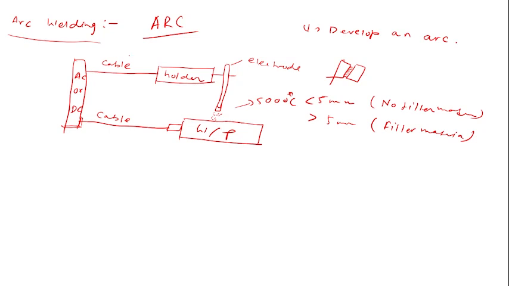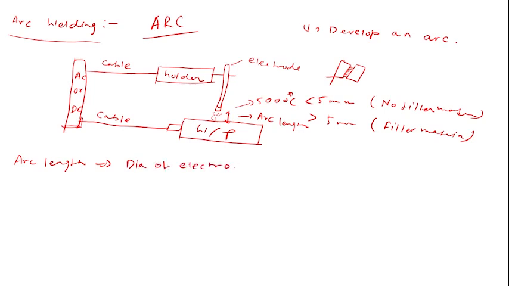Now what is arc length? Whatever the gap between your workpiece and electrode is, that is called arc length. Mostly, when we do welding, the arc length we give is the diameter of the electrode.